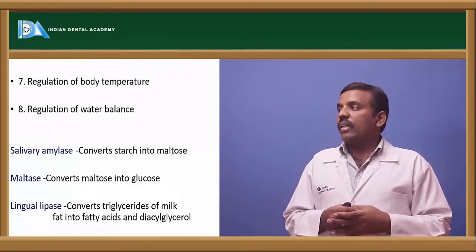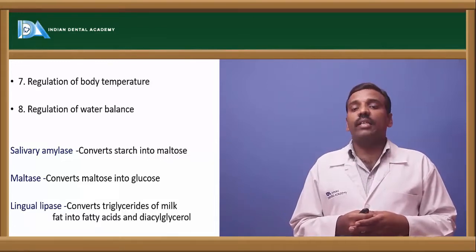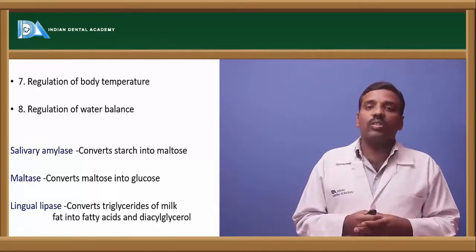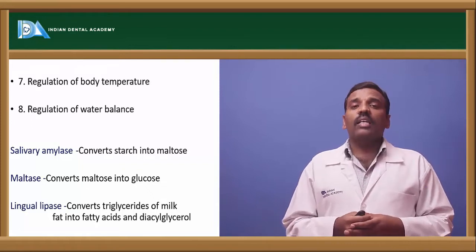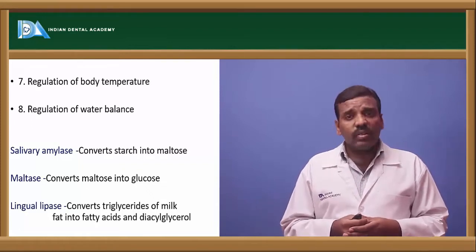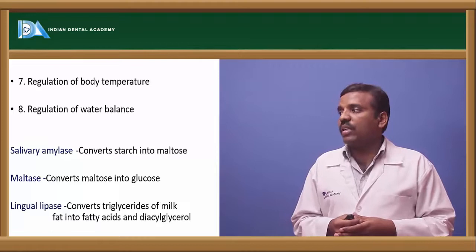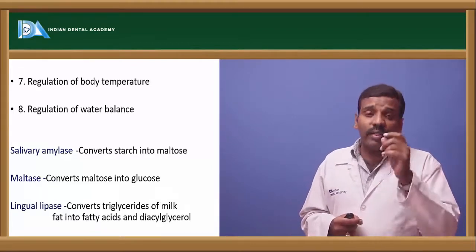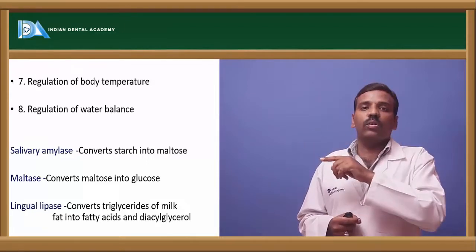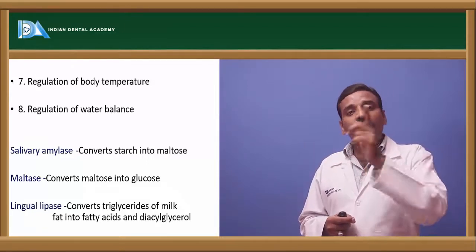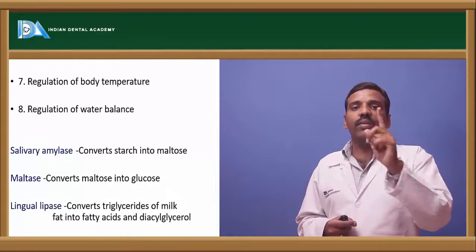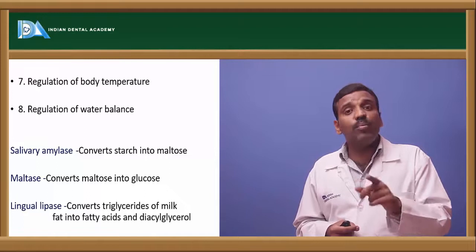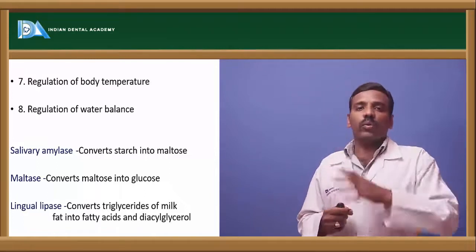The salivary amylase, which is secreted by the salivary glands, converts starch into maltose. Maltase is an enzyme which converts maltose into glucose. So starch is converted into maltose by salivary amylase, and maltase converts maltose into glucose.